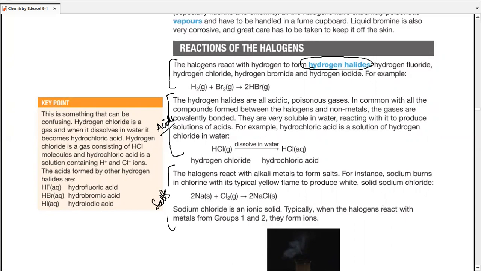All right. To start off with hydrogen halides, halogens, all of them react with hydrogen. And the way that they form their product depends upon this very name, hydrogen halide. So fluorine is going to form hydrogen fluoride, chlorine is going to form hydrogen chloride, bromine is going to form hydrogen bromide, so on, hydrogen iodide. I hope you get the idea.